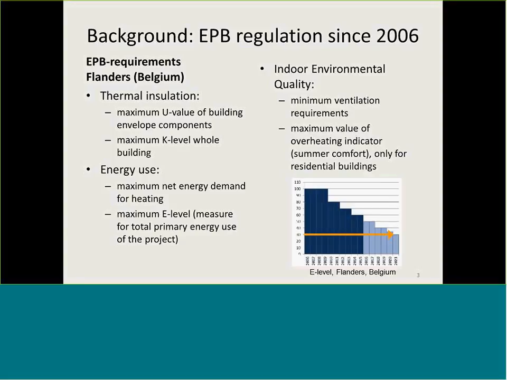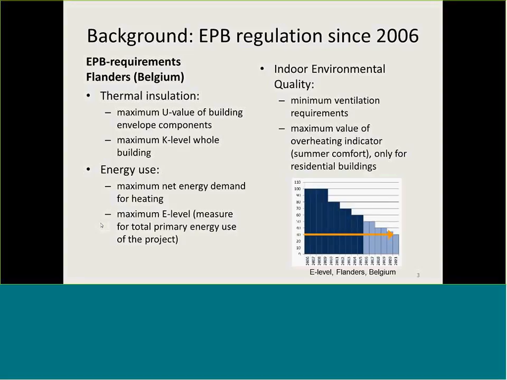For energy use, in Belgium we have both a requirement for the maximum net energy demand for heating, and also for the maximum E-level, which is a measure for the total primary energy use of the project, including energy use for space heating and cooling, domestic hot water, and auxiliary energy use, for dwellings at least.